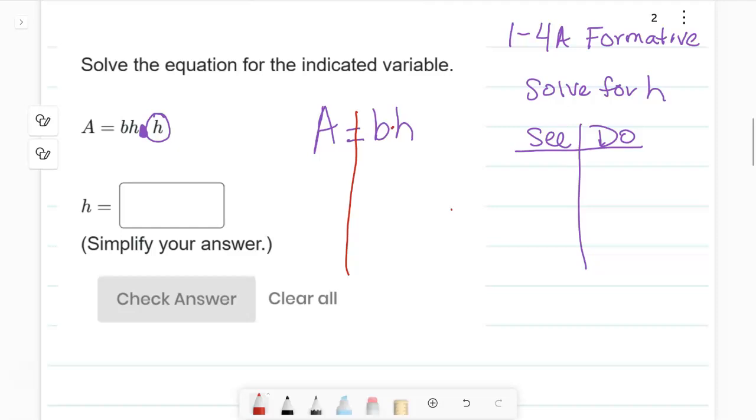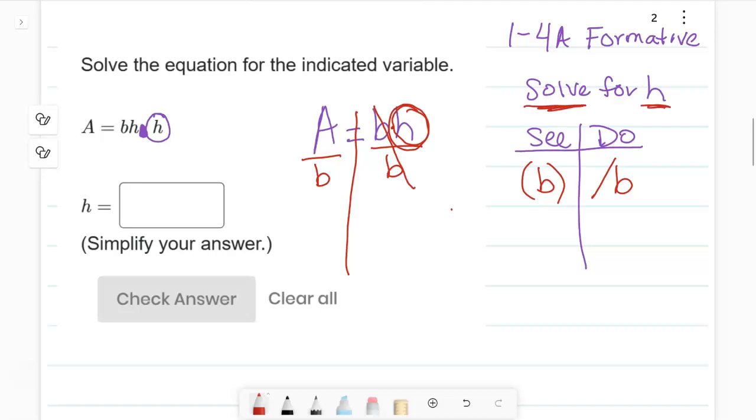My H here is multiplying by B, and that is all that is happening on the right side. So we're going to do the opposite, which is divide by B. Go ahead and divide the right side by B and the left side by B so that the B can cancel and it leaves you the H by itself, which is what we wanted because it said solve for H. So I have H equals capital A divided by lowercase b.